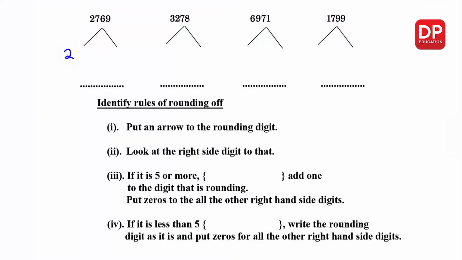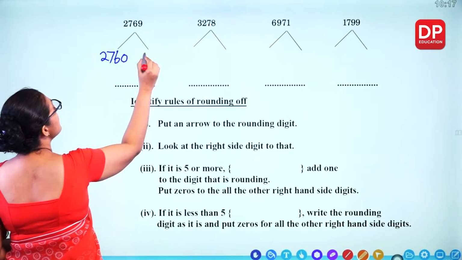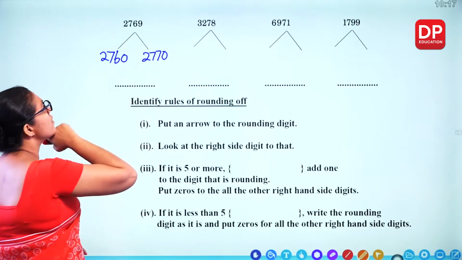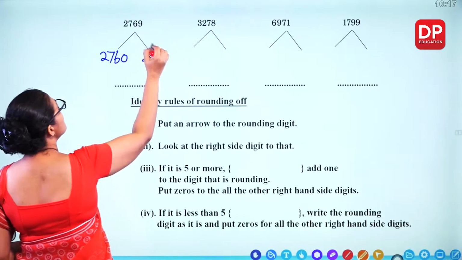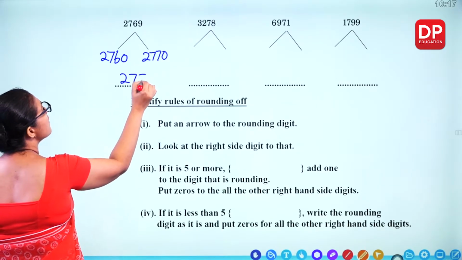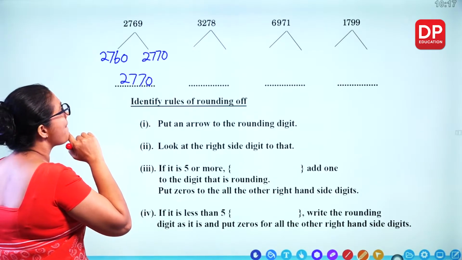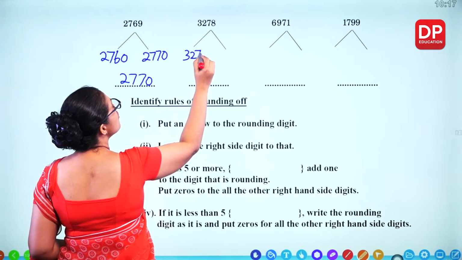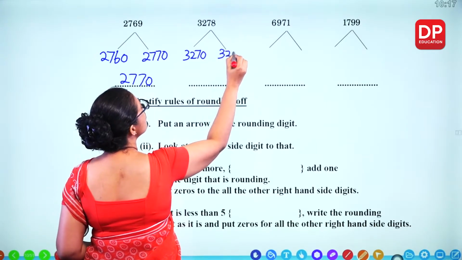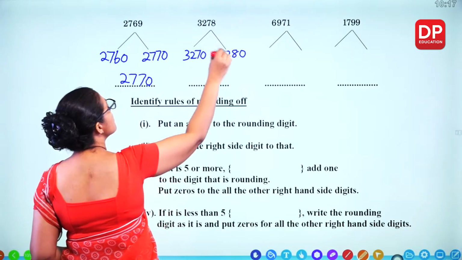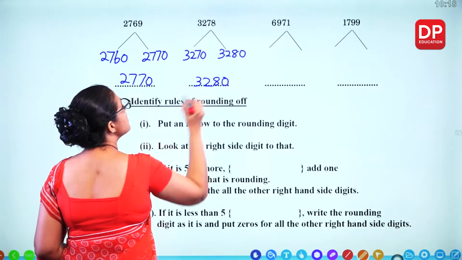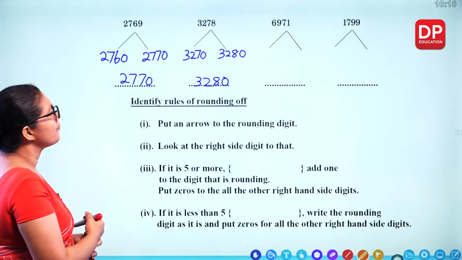2769. It's in between 2760, 2770. So which one is very close? This one. So 2770. This one is in between 3270 and 3280. So this is just very close, 2 units. So 3280 is the closest value.